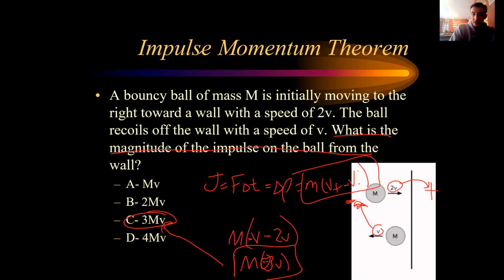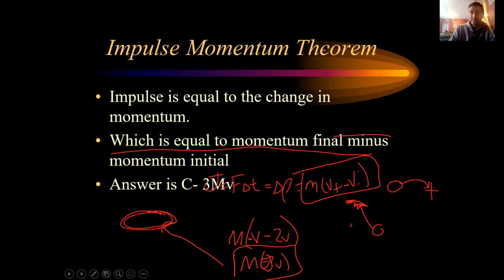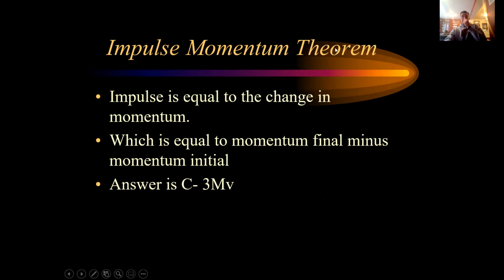Again, that negative is just my direction. That means they probably put the positive and negative opposite, so therefore my answer here is going to be C. Let's see if I got it right. Yep.